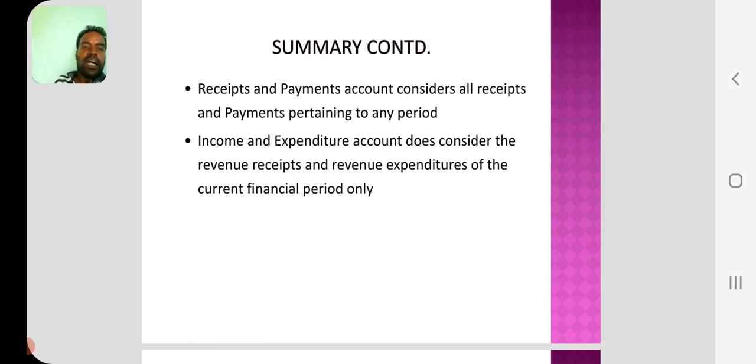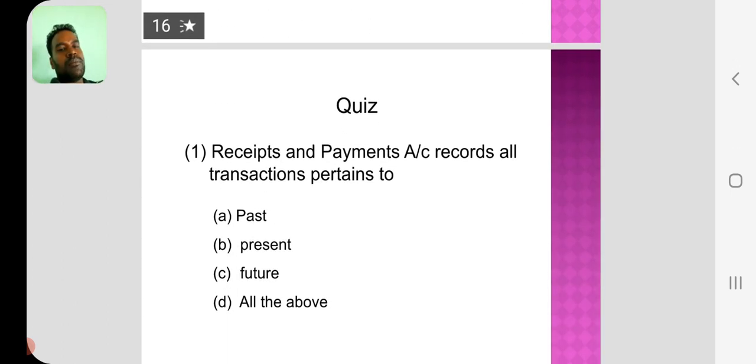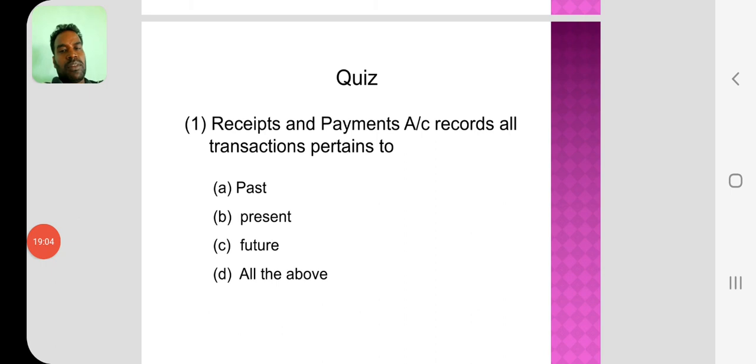Receipts and payments account considers all receipts and payments pertaining to any period. Income and expenditure account considers the revenue receipts and revenue expenditure only for the current period. Receipts and payments account records all cash transactions pertaining to past, present and future.